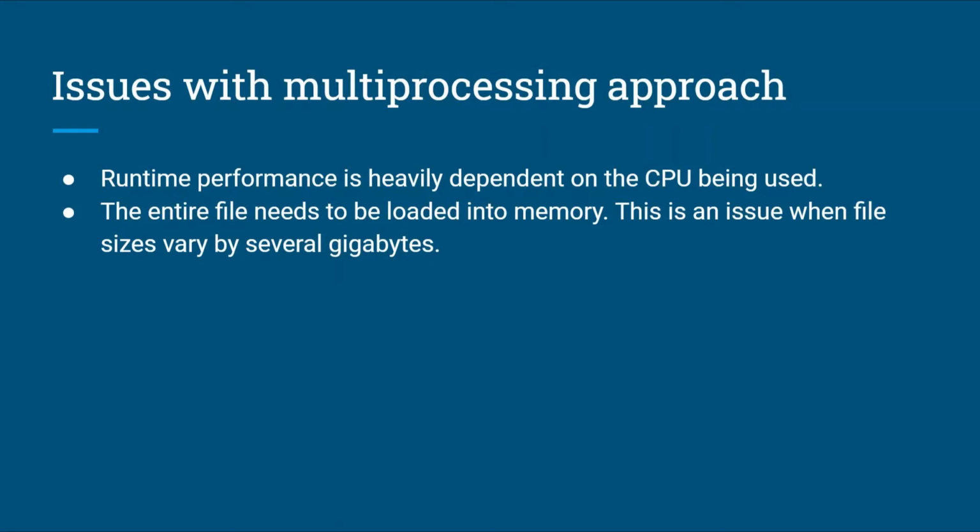The second issue is that the whole file must be loaded into system memory before analysis can begin. This could be an issue with bigger files exceeding one's system memory. While both these issues can easily be fixed by buying a better CPU or more memory, it is something to keep in mind.